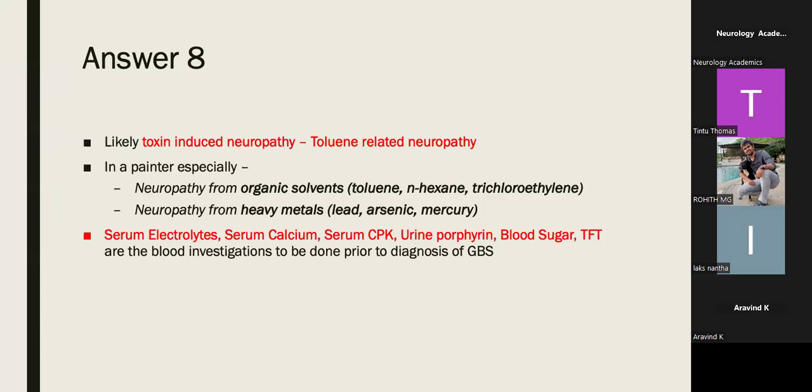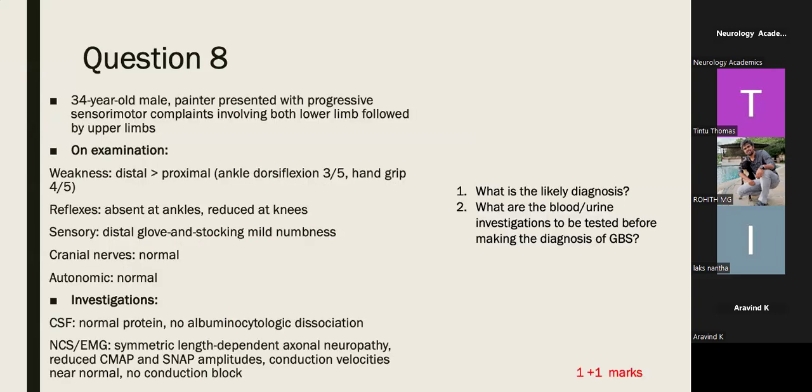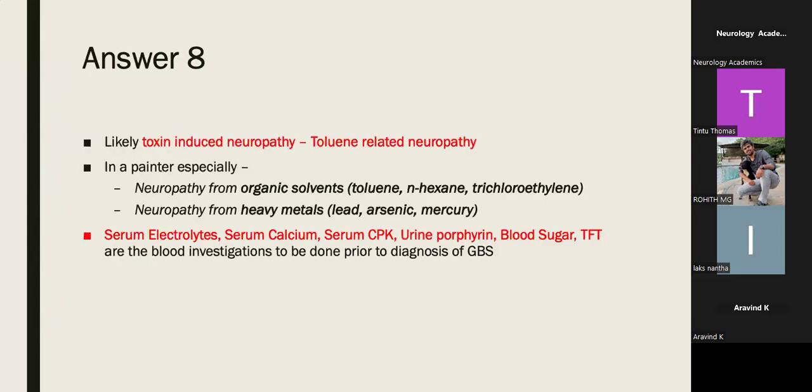In this case, the clue was the patient was a painter, and the other clues were weakness which was more distal, and reflexes being only sluggish at the knees and absent at the ankles. There was a length dependent pattern of sensory involvement, and NCS was not showing any feature suggestive of demyelination. So clinically and electrophysiologically, this was an axonal neuropathy.